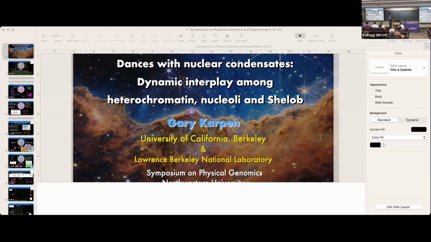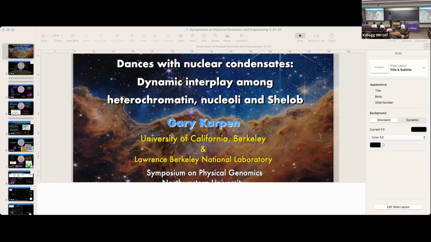So it's the web-like pattern, but it also has this enrichment in regions of very low histone density, and it's enriched around the pericentromeric heterochromatin. Shelob is in red, and you can see it doesn't fully surround it, and there are some other localizations, but it does show enrichments in parts of the pericentromeric heterochromatin.